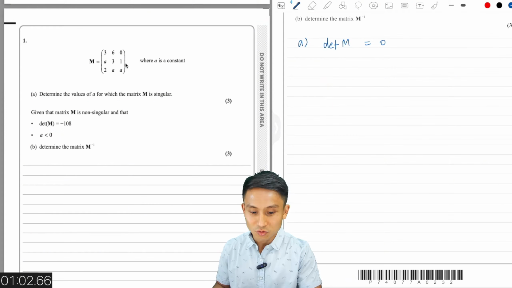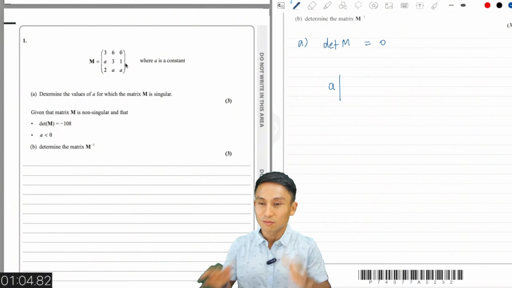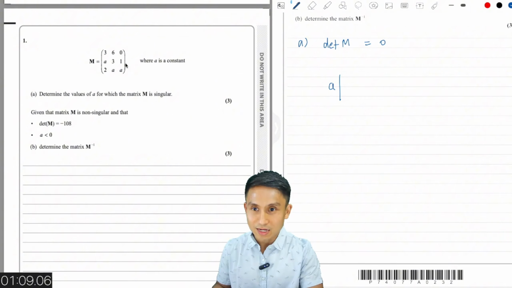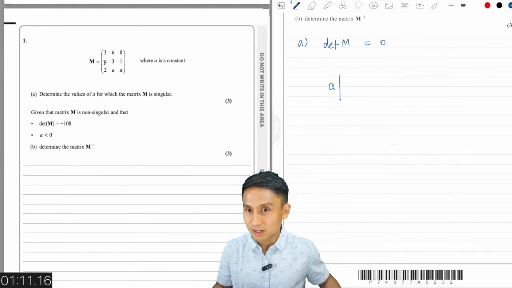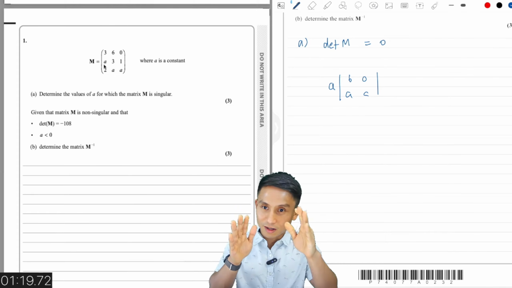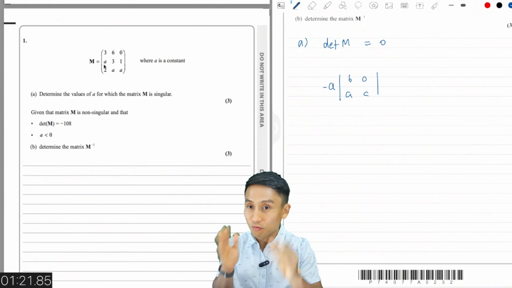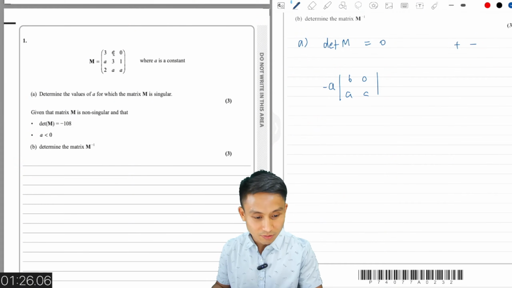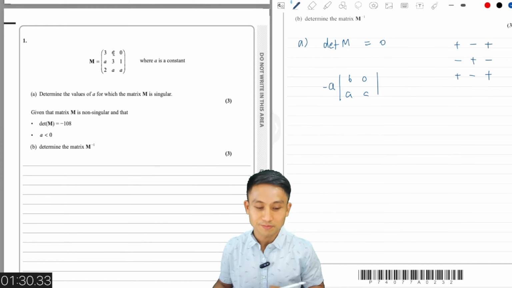The minors that you need to do will be A times the minor, multiplied with the element in the row, right? So A times, and then the minor of the second row and first column here would be 6, 0, A. And you have to apply the cofactor signs, which would be plus, minus, plus, minus, plus, minus, plus, minus, plus.